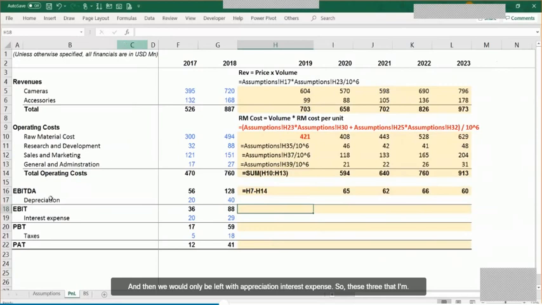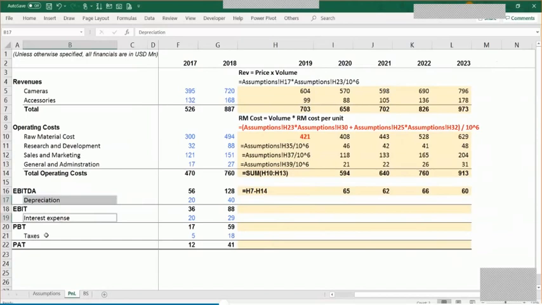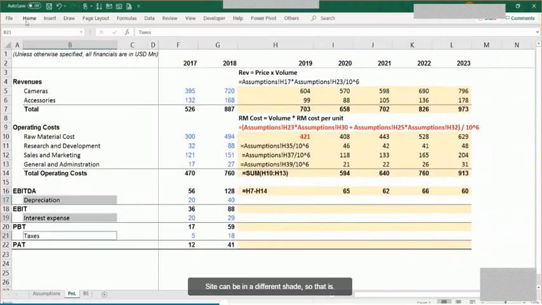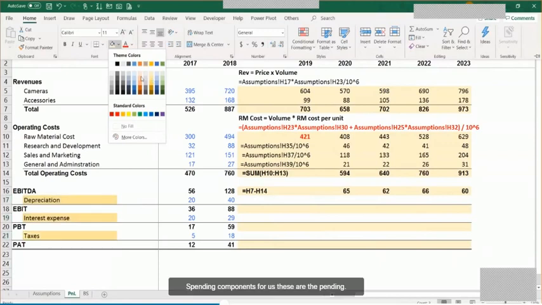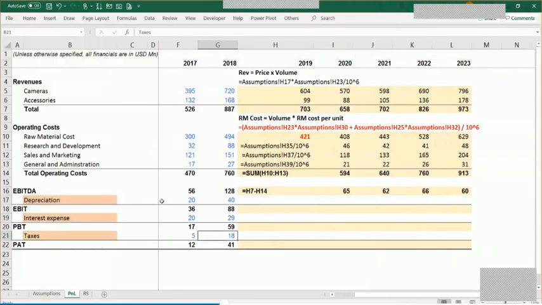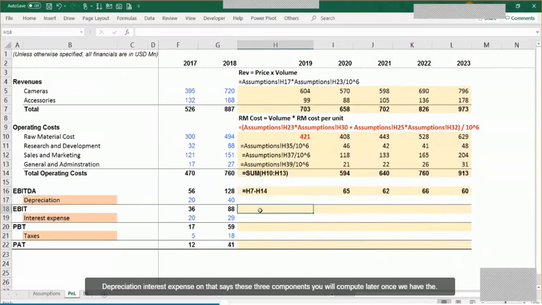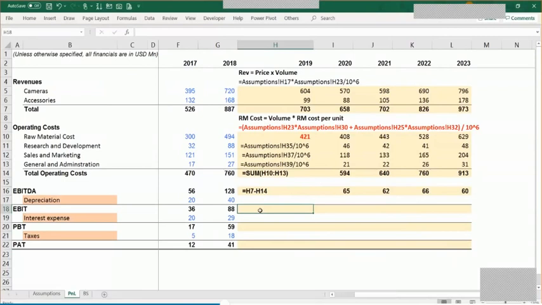These three I'm going to highlight now on the left hand side in a different shade. So that is going to be the pending components for us: depreciation, interest expense, and taxes. These three components we would compute later once we have the corresponding schedules for all of them.